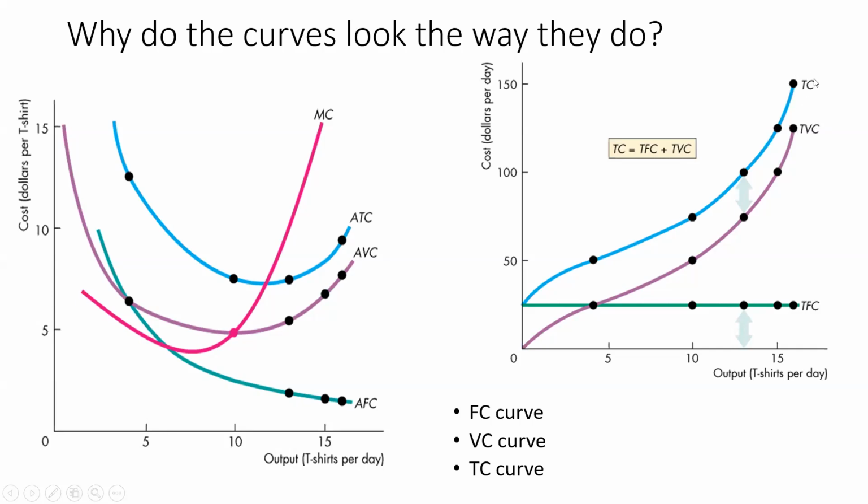Well, obviously, the total cost has to be higher than the total variable, isn't it? Because total cost is made up of total fixed cost and total variable cost. So total cost has to be the largest, the highest curve, followed by total variable cost, which is fluctuating, and the flat one, which is constant and stable, has to be your total fixed cost.